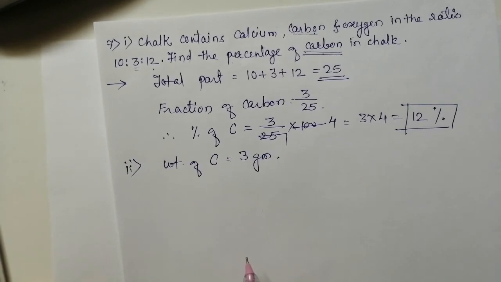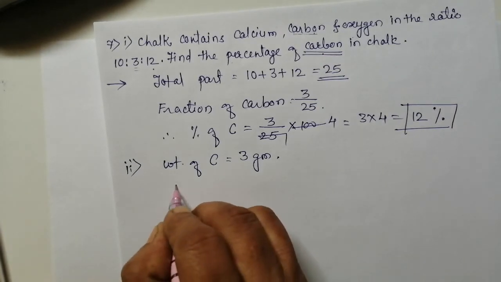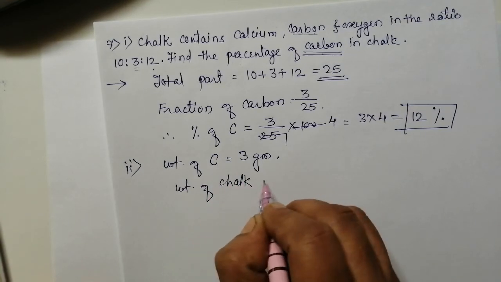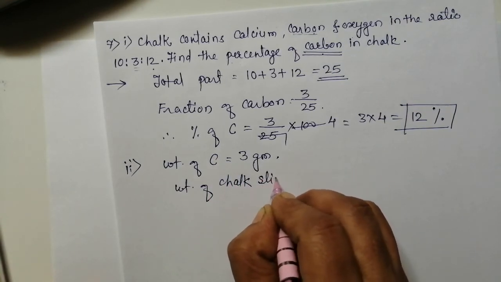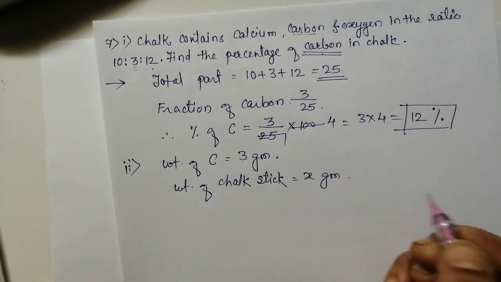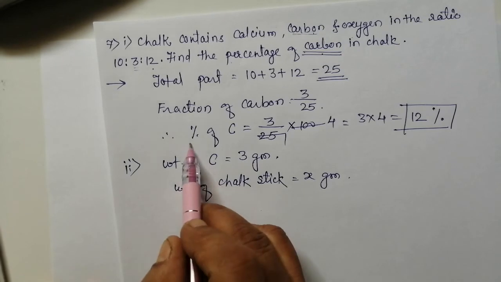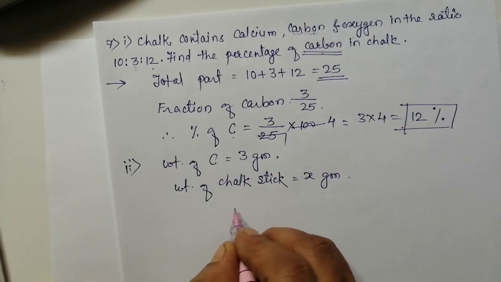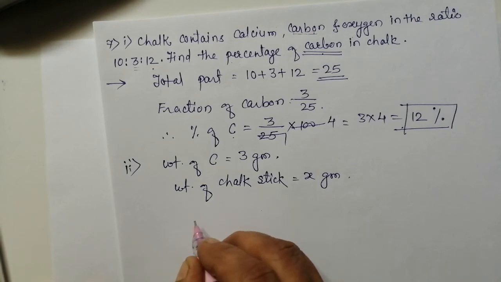Now we have to find out the weight of the chalk stick. Suppose the weight of the chalk stick is equal to x gram. Now the percentage of carbon we got is 12%.